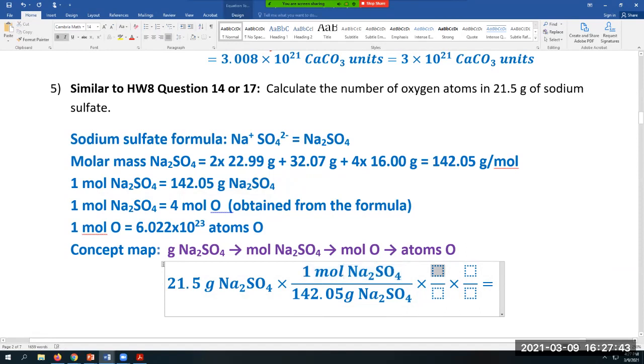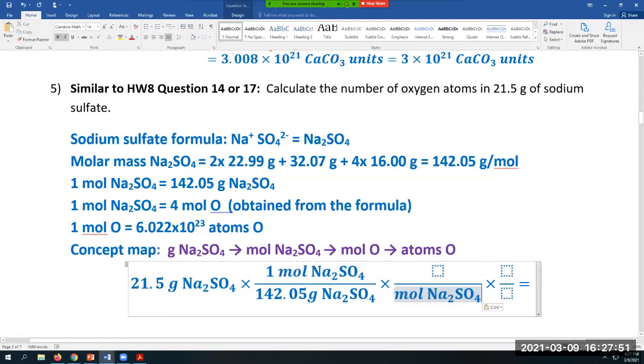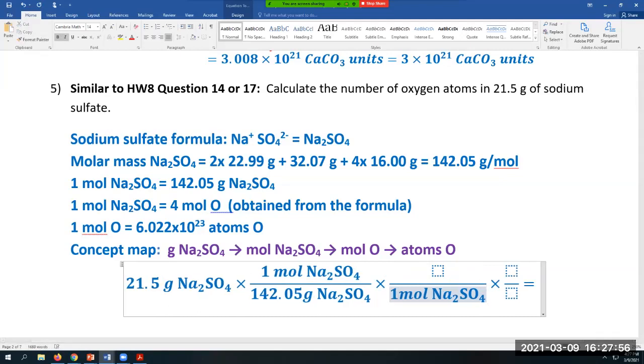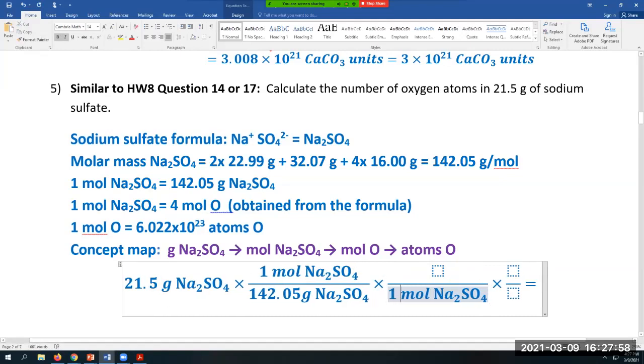In the next conversion factor, we want to cancel the units of moles of Na2SO4. So you want this unit to be in the denominator so that you can cancel the unit. And what comes with the moles of Na2SO4 is going to be 1 mole. And remember how here, the moles of Na2SO4 will be changed into moles of oxygen.